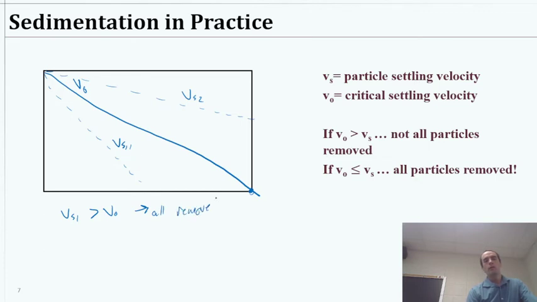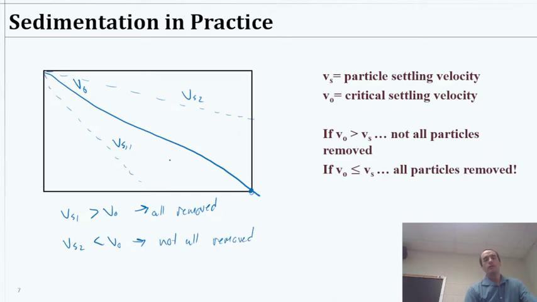Even the least likely one that started at the top was for sure removed, right? Whereas this VS2 is smaller than V naught, so we'll say not all removed.